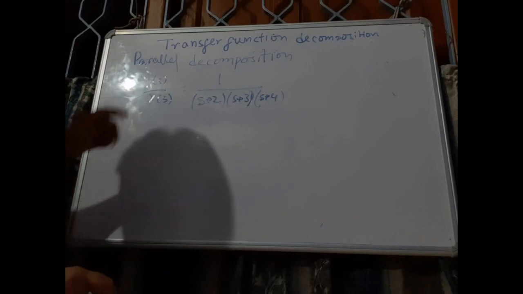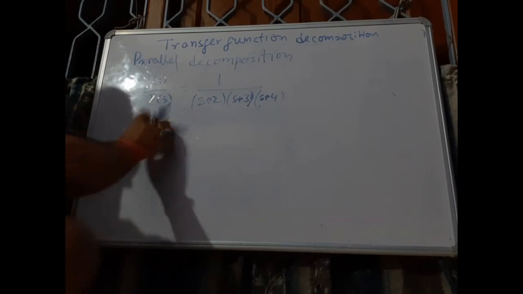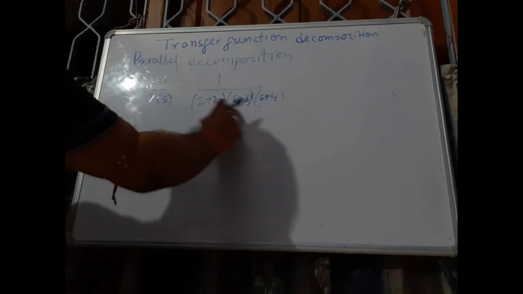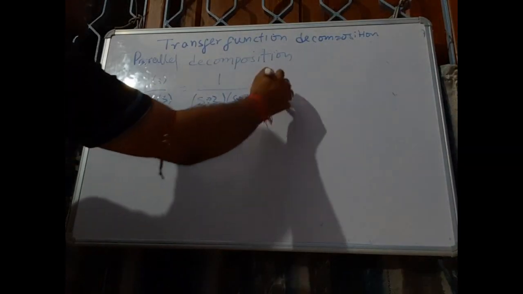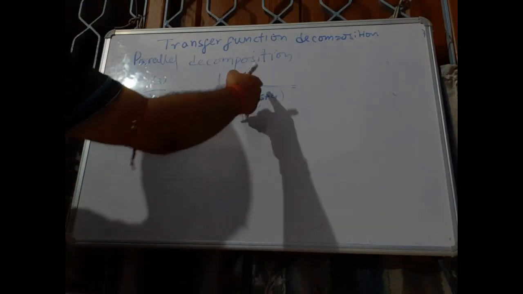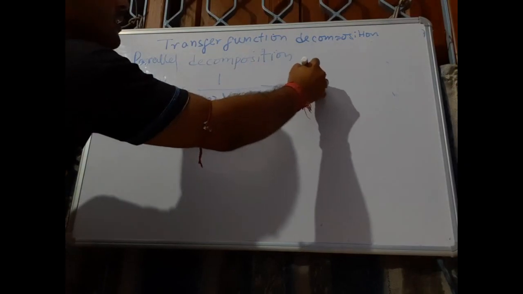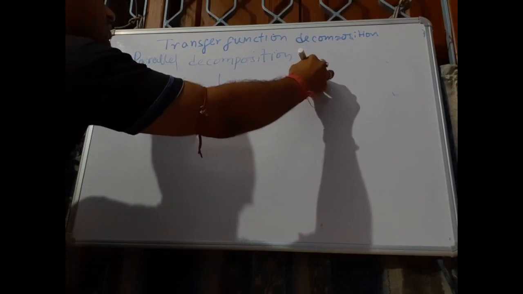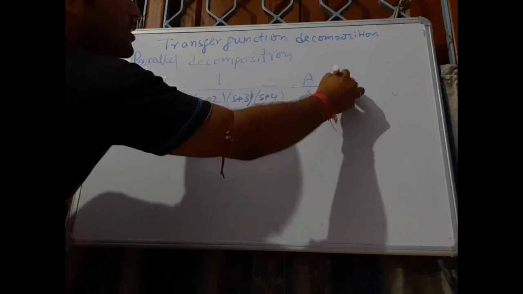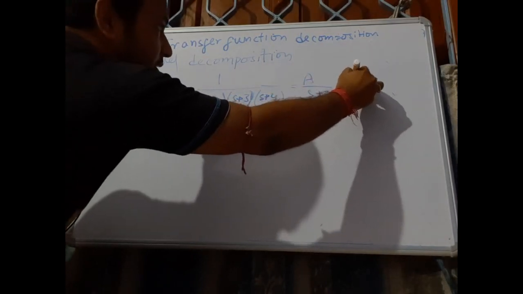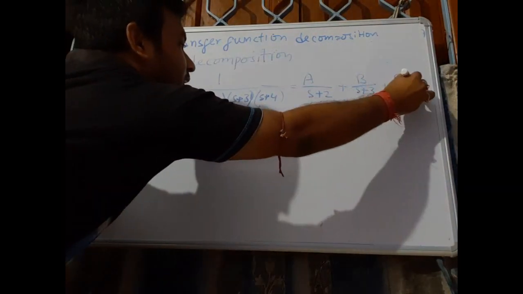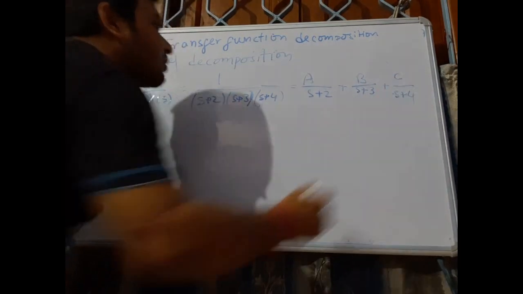So for that, we just need to separate these three terms like this. Say this is equal to a by (s plus 2) plus b by (s plus 3) plus c by (s plus 4).